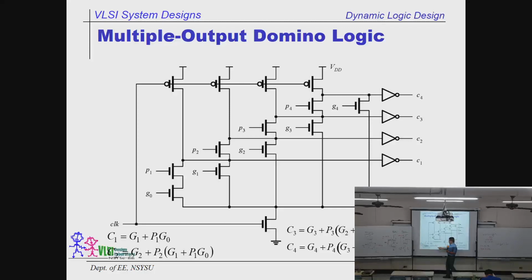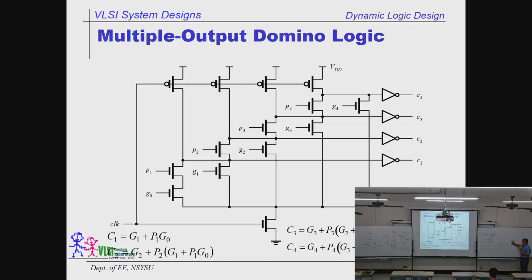For the C3, I generate by myself, or I can pass the previous one. And the last one, the C4, I generate by myself, or I pass the previous carry. That's it.